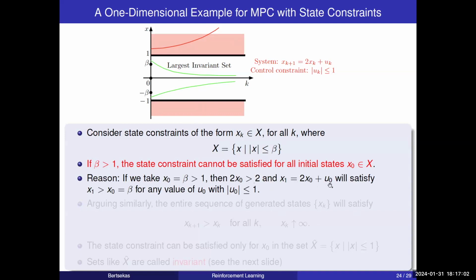And the next state, no matter how large you pick the control in the opposite direction, the next state is going to be larger than x0. So if you start within this red region, no matter how hard you try, the state of the system is going to keep increasing because you have limited control. You cannot bring it back towards 0.